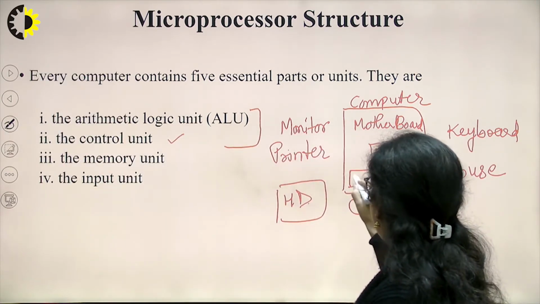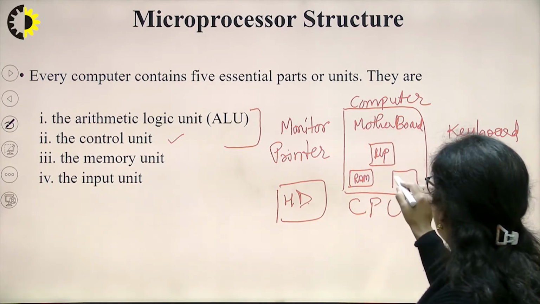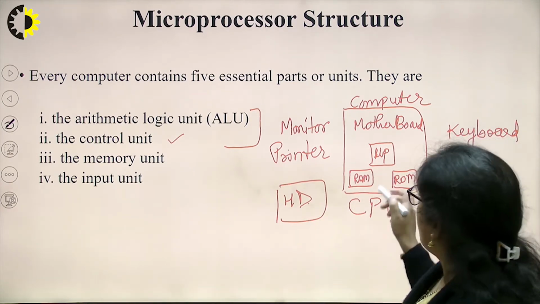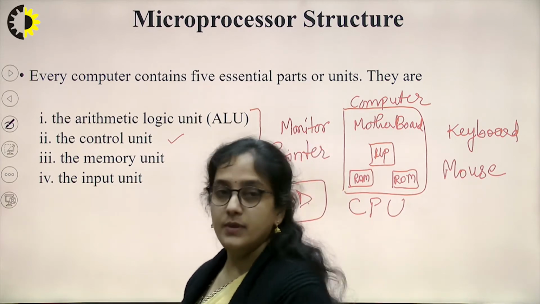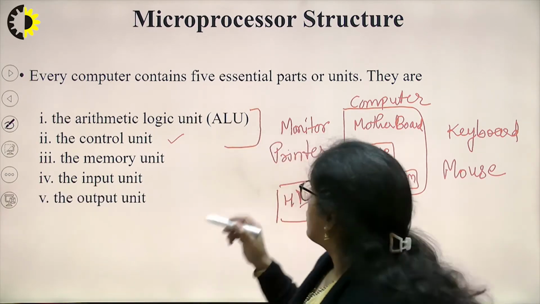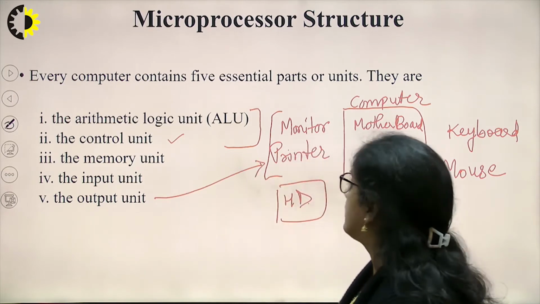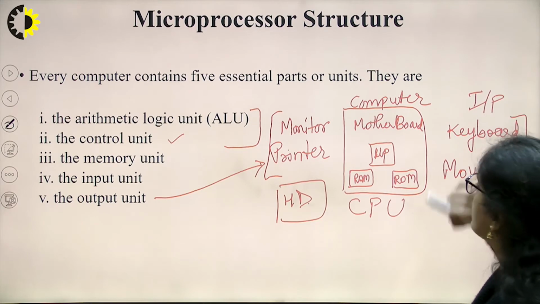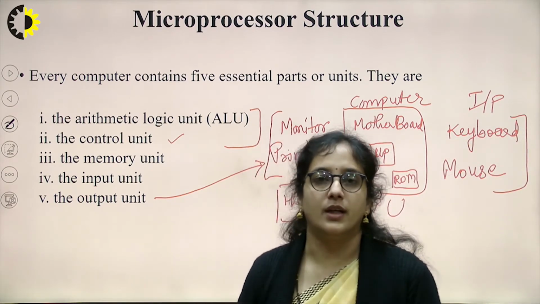This is RAM and ROM. So, the memory unit, the input unit, and the one more I missed, the output unit. These are our input units and these are our output units. So, this is our basic computer architecture.